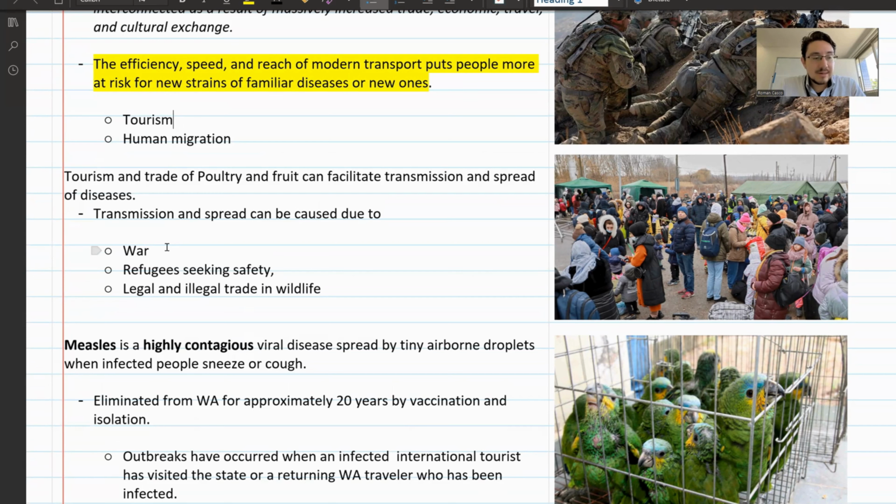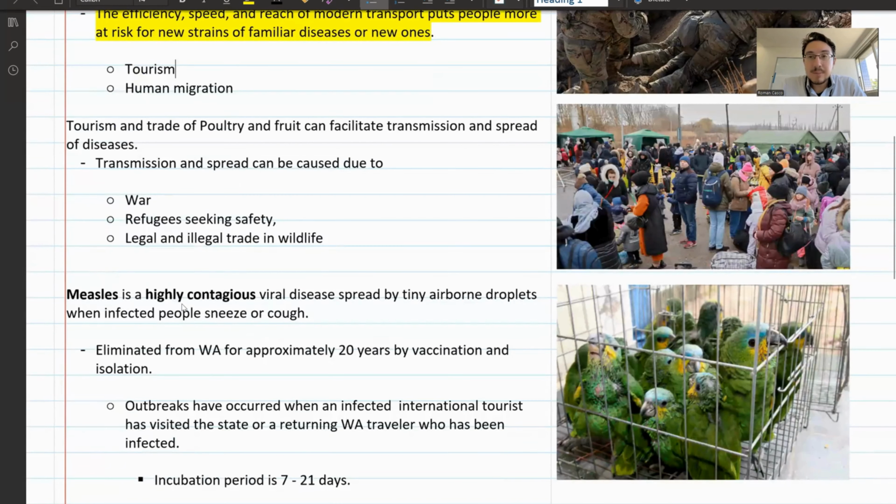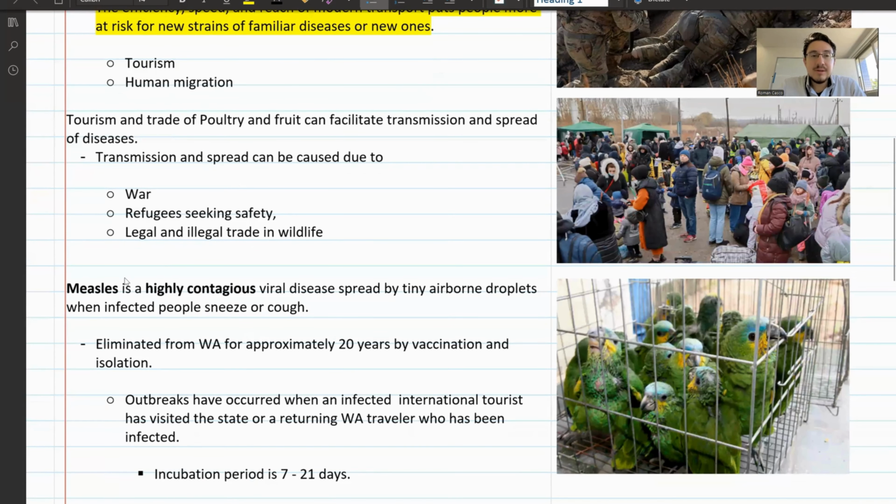And of course, that brings different types of pathogens to and from different locations. And definitely just normal trade of plant life, of animal life, of livestock, and the illegal trade of animals. So ultimately, all of this would pass down pathogens and increase the chances of spread.